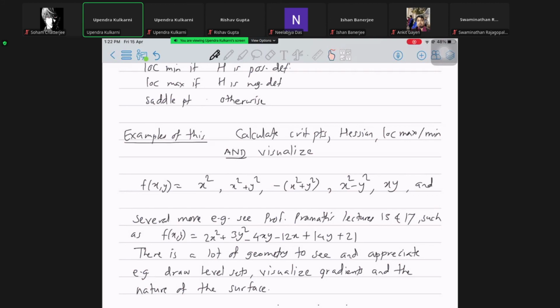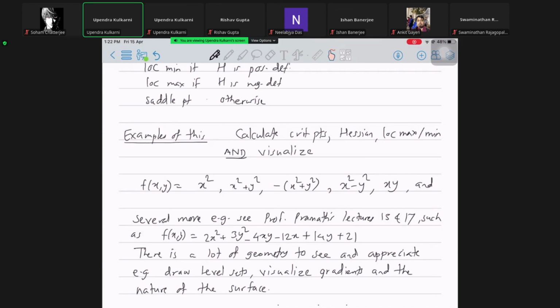So does the theorem apply in this situation? And the answer is no, because this Hessian matrix is singular, right? Yes, the Hessian matrix is singular.